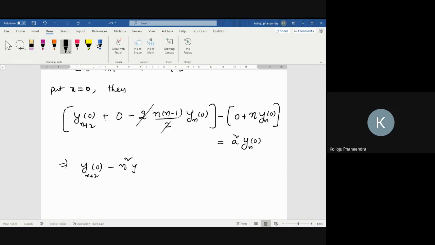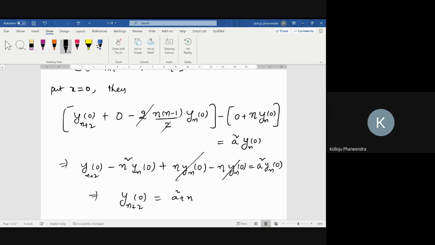Minus n square yn 0, and minus into minus plus n yn 0, and this is minus n yn 0 equal to a square yn 0. These two get cancelled, and n plus 2 derivative at 0 is, take this term that side and yn 0 common. So this becomes a square plus n square yn 0.